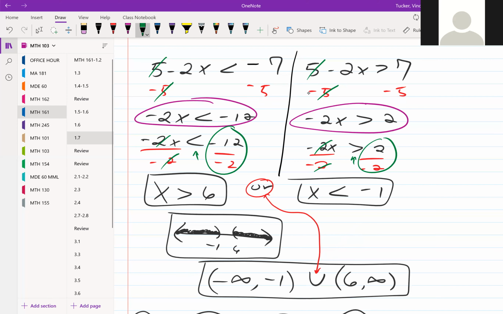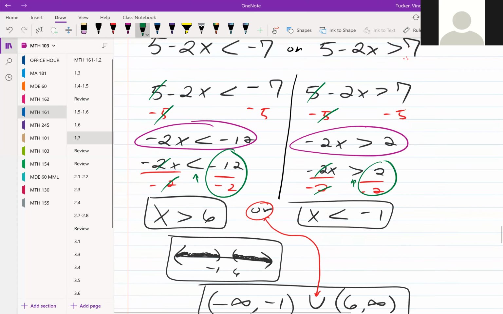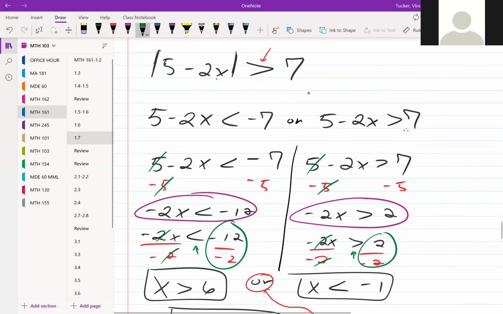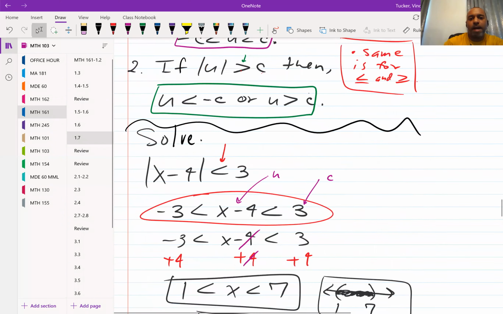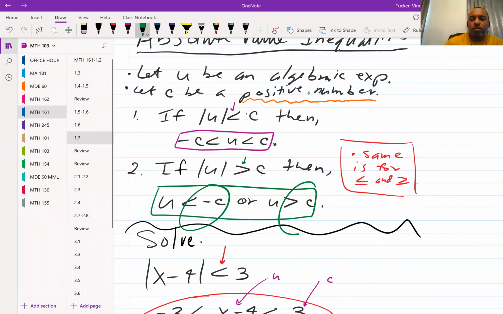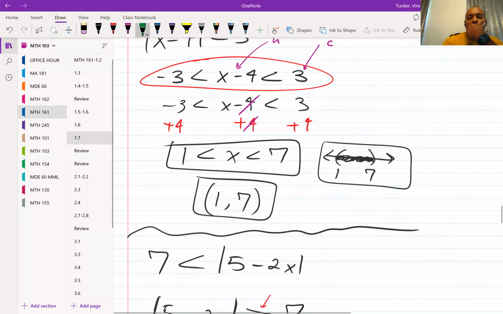When they say 5 minus 2x is less than -7, and then 5 minus 2x is greater than 7, one of them got a -7 and one of them got a +7. Yeah, that comes from going back to this right here. You're leaning on that, because you do the same thing right here. You're going to use that sign, what you see, the positive number, and then the negative number as well.